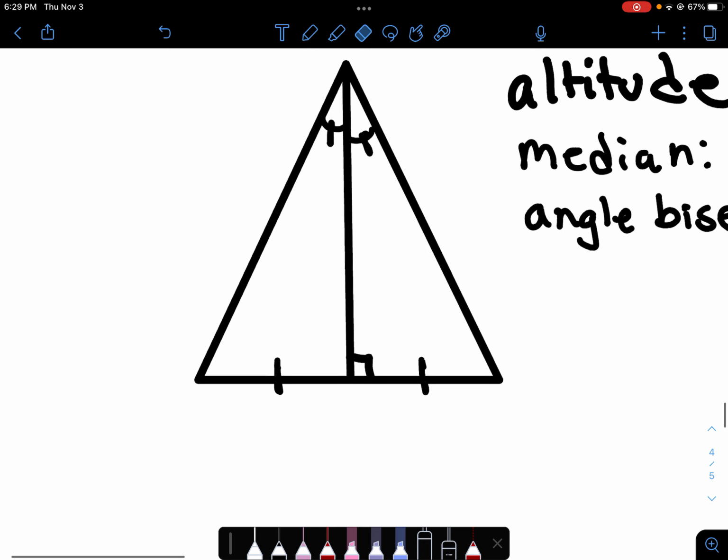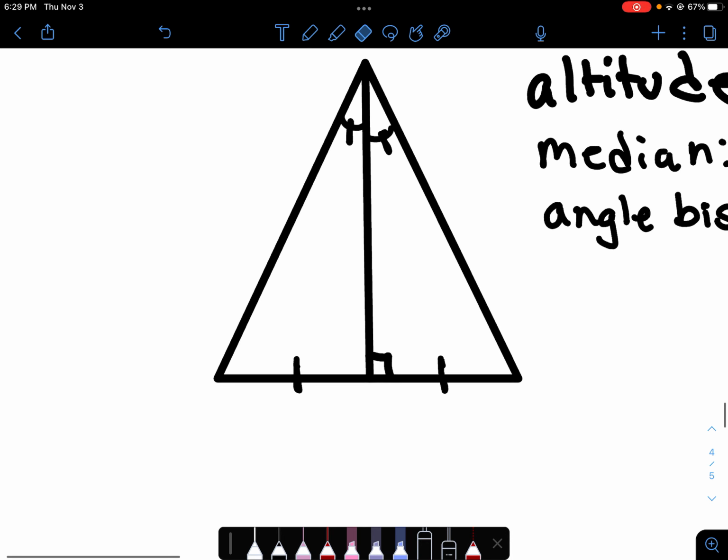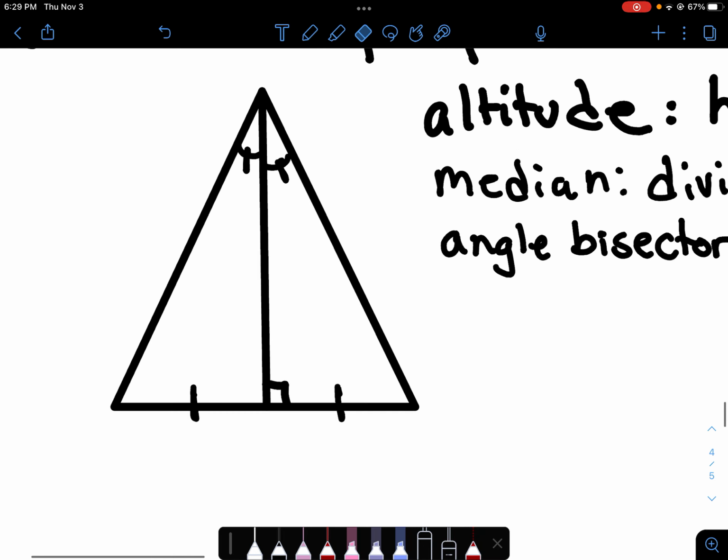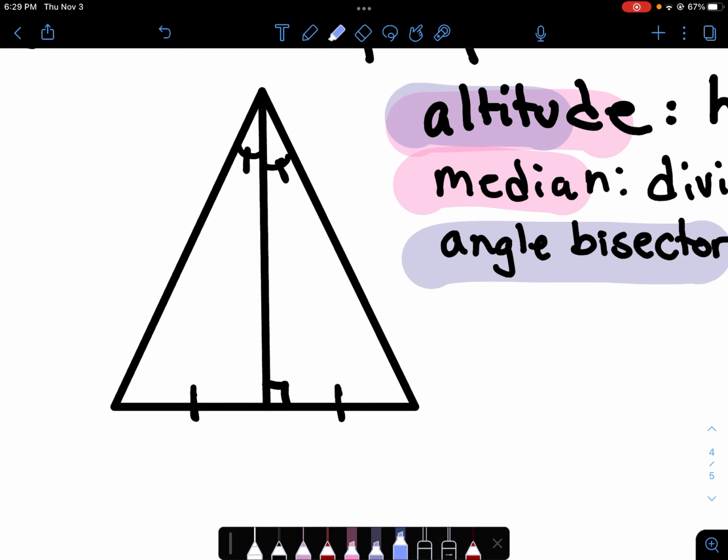So if you see something like this, and it doesn't indicate the sides at all or the base angles, there's this property where if you see this triangle and you see that it has two of these things, it can be an altitude and a median, it could be an altitude and angle bisector, it could be a median and angle bisector, etc. Or it could be all three.